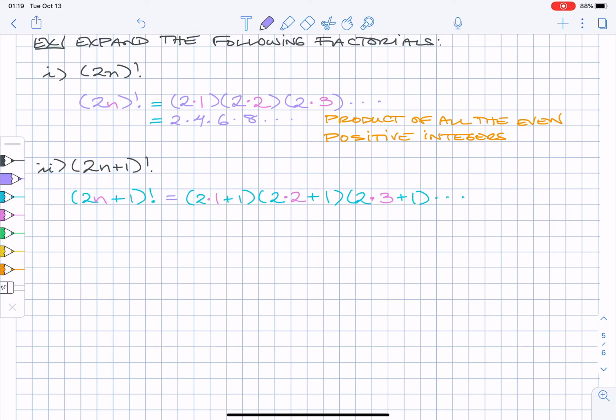So what's that going to be? 2 plus 1 is 3. 4 plus 1 is 5. 6 plus 1 is 7.